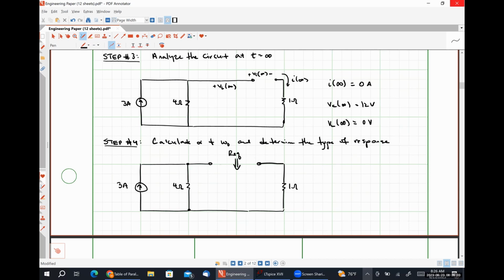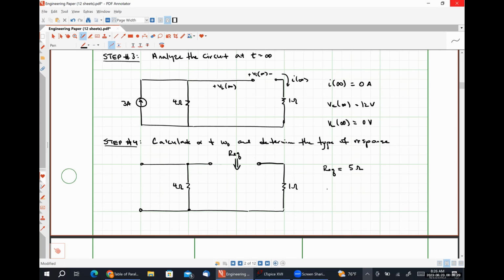When I'm finding the equivalent resistance of a network directly, I need to make sure that I'm looking at a dead network, meaning that my current source here needs to be turned off, and an off current source looks like an open circuit. So from this, I can see that REQ is simply 1 ohm plus 4 ohms is 5 ohms.